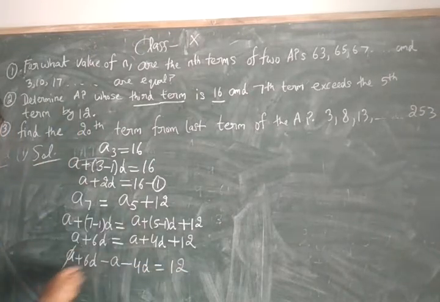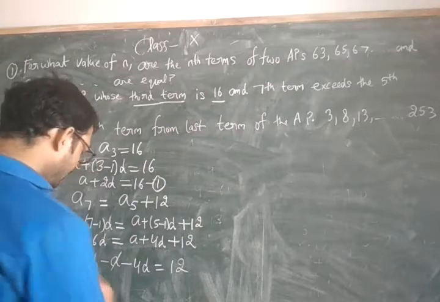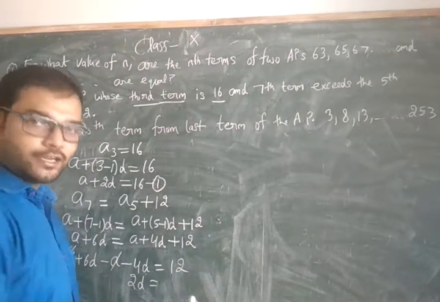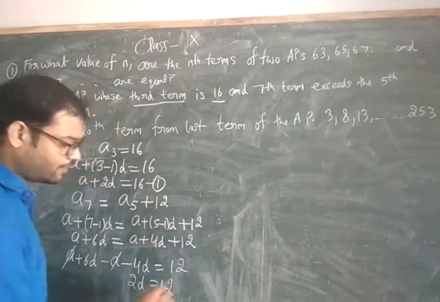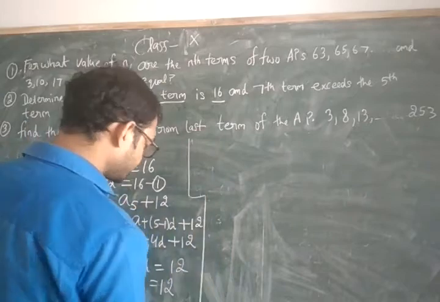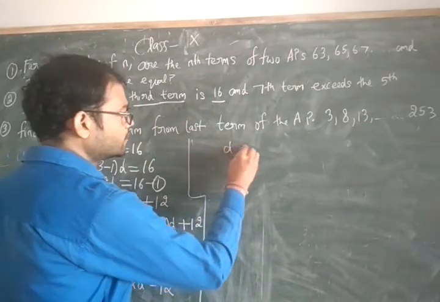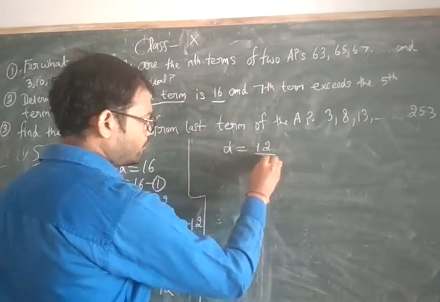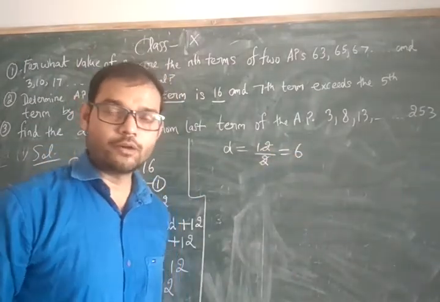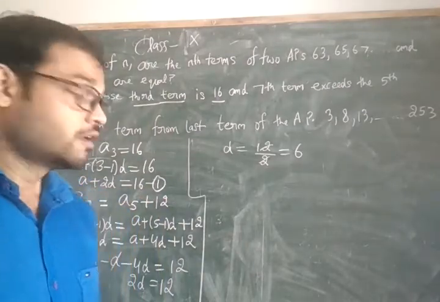Now you can see A cancels with A, and 6 minus 4 will become 2D, and that 2D is equal to 12. So D is equal to 12 upon 2 and you will have the answer 6. So your common difference is 6.